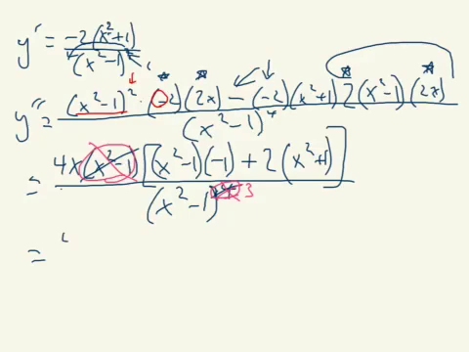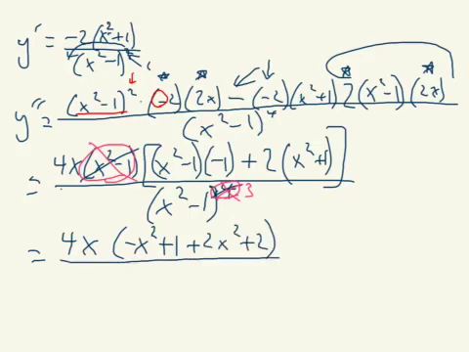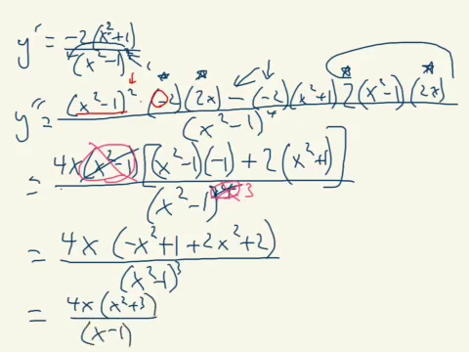We have 4x. We have negative x squared plus 1. We have 2x squared plus 2. We are going to have like terms. We always have like terms after we factor out. No, I'm not surprised. So finally we have 4x, x squared plus 3 over x squared minus 1 quantity cubed.